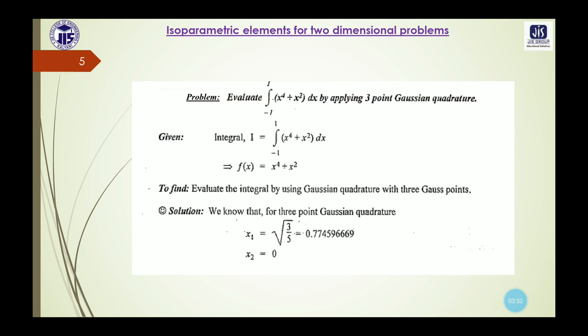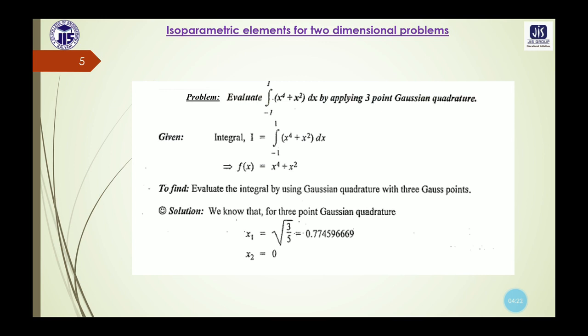So how to proceed in this numerical related to this Gaussian quadrature. The integral I here is minus 1 to 1 of x to the power 4 plus x square dx. So that means the function f(x) is x to the power 4 plus x square, and we need to evaluate this integral by using Gaussian quadrature with 3 Gauss points.